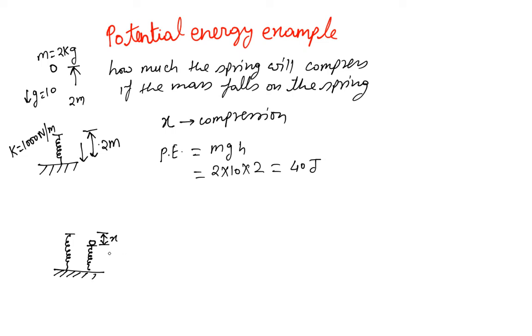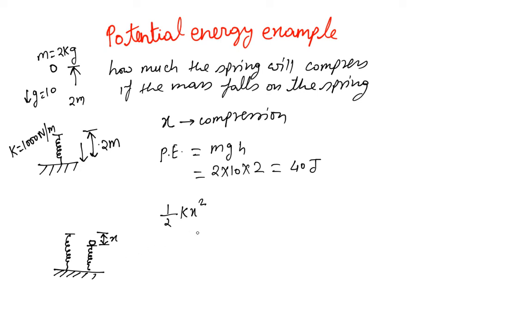Okay, let's talk about the final state now. In the final state, we have assumed that the spring has gotten compressed by length x. So what is the energy then? Well, we know there will be half kx squared energy because of the compression of the spring, but the mass is still above the ground, so it also has some gravitational potential energy.